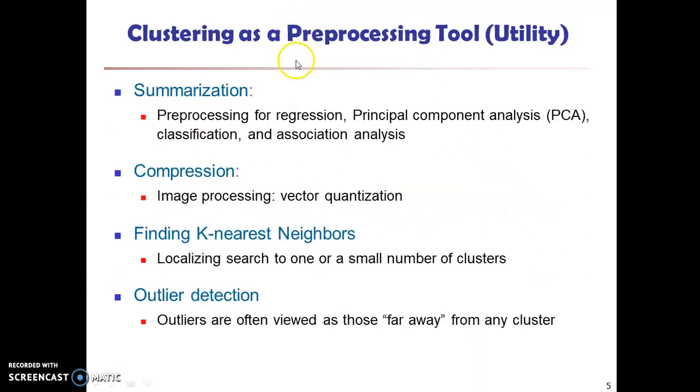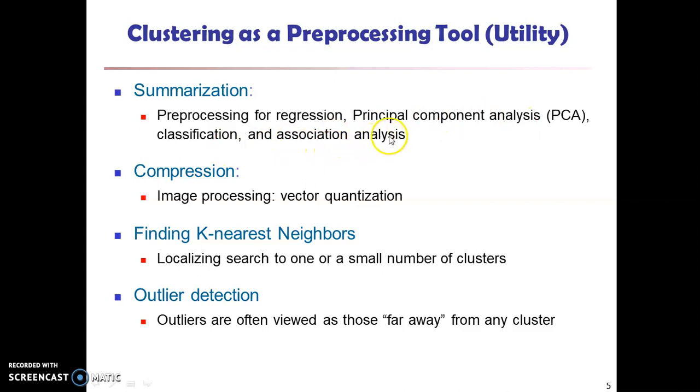And clustering as a pre-processing tool. We already discussed that clustering acts as a pre-processing tool for some other algorithms. For example, it acts as a summarization tool, meaning pre-processing for regression, principal component analysis, classification and association analysis.